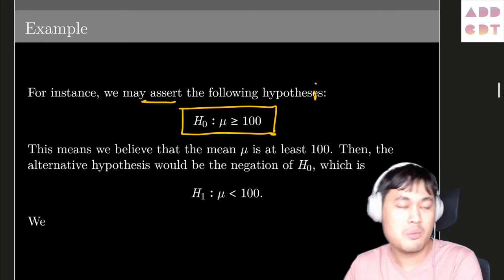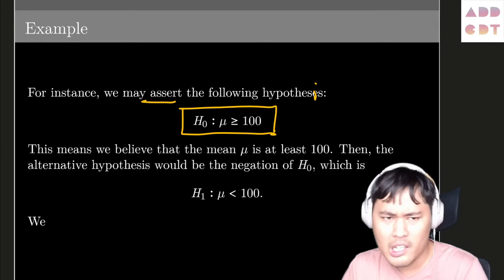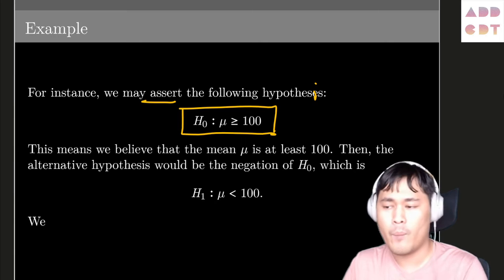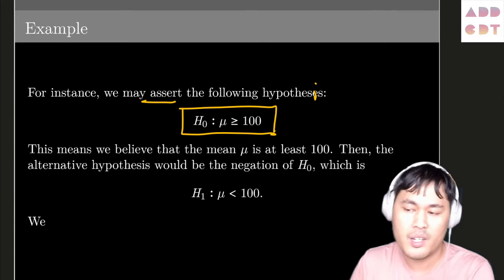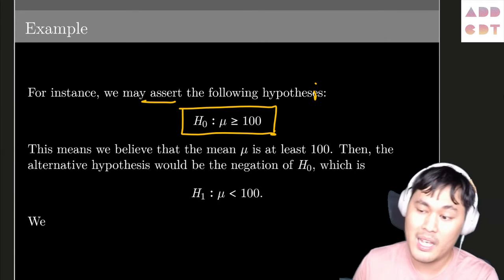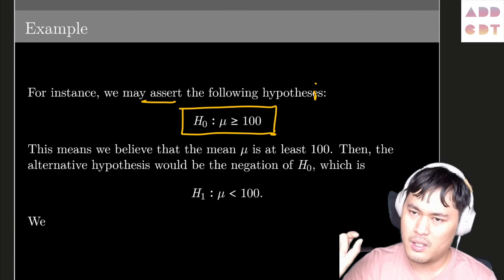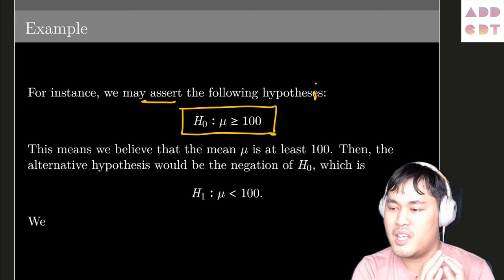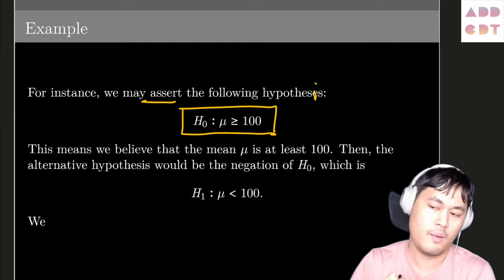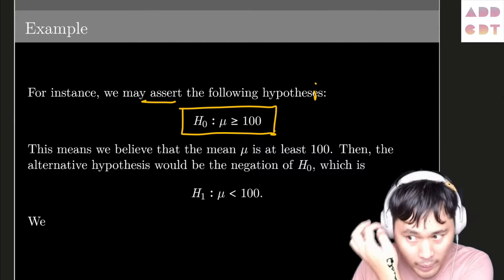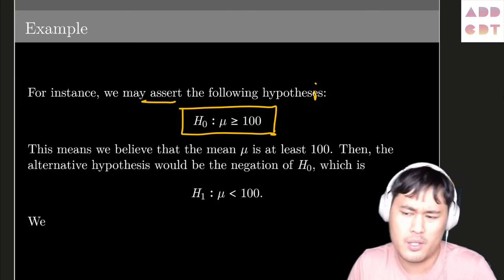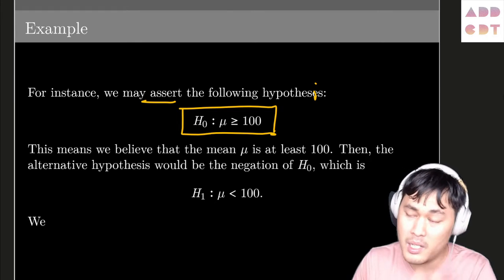So you claim that if you buy from our company, you're going to get at least 100 good things. Or maybe you guarantee that this bag of candies has at least 100 candies. That's your claim: on average, it should have at least 100. And that's what we believe.